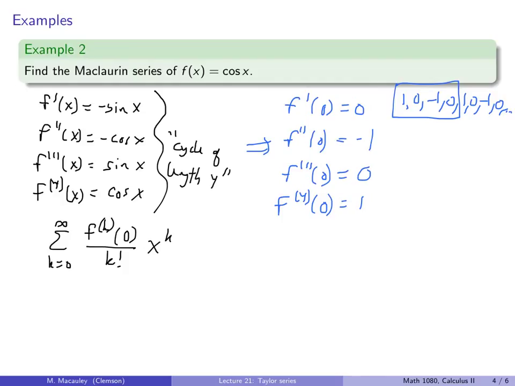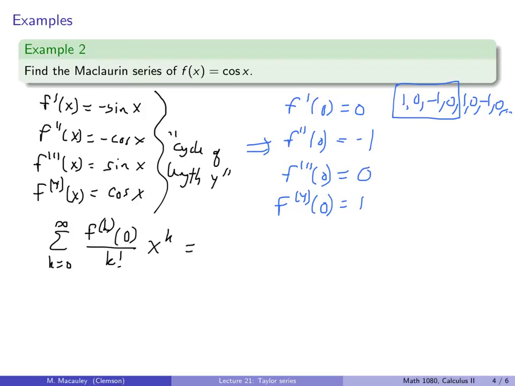So now I'm going to write this out. So before, in the last problem, I had a nice formula for the kth derivative. It was e to the x. Plug in 0, it's 1. So I took this formula, looked at this top thing, and said that's equal to 1. I just replaced it with 1 and I was done.